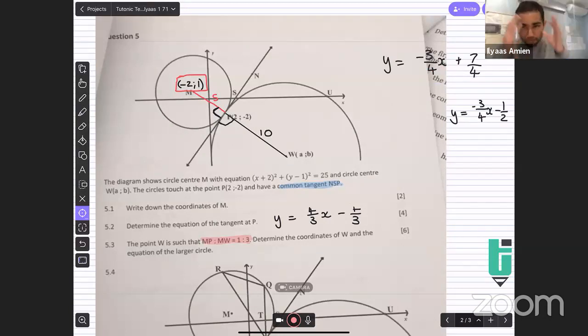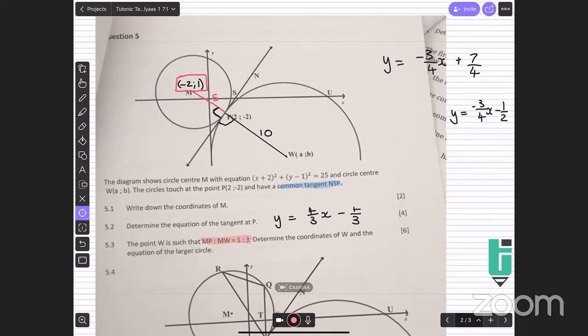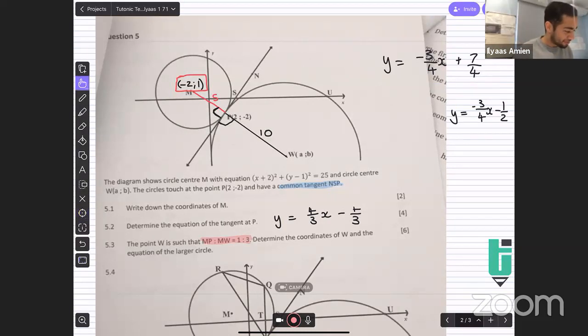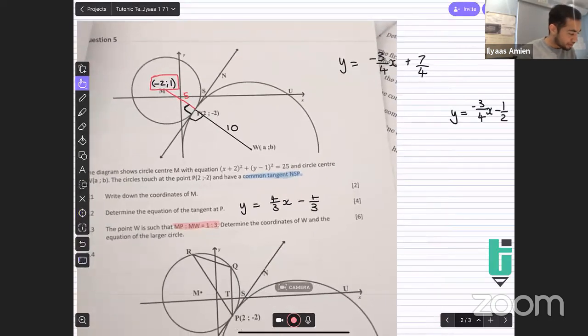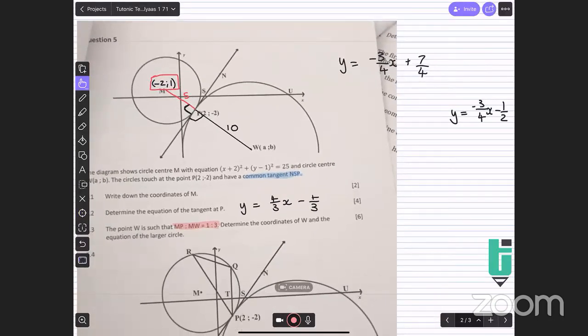When you think distance, what must you always think about? Distance formula. Okay, so what's the distance between P and W? We can calculate.